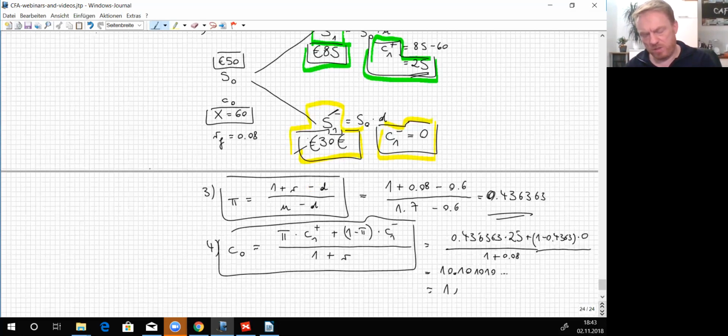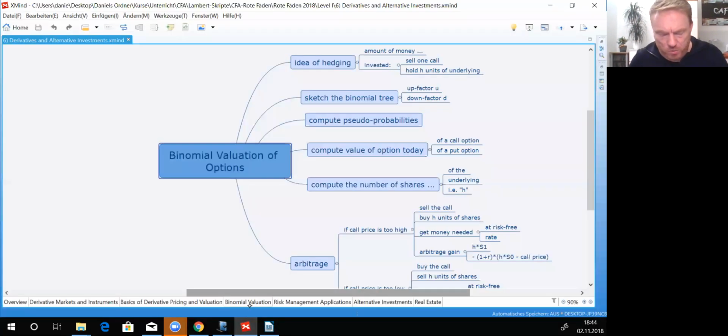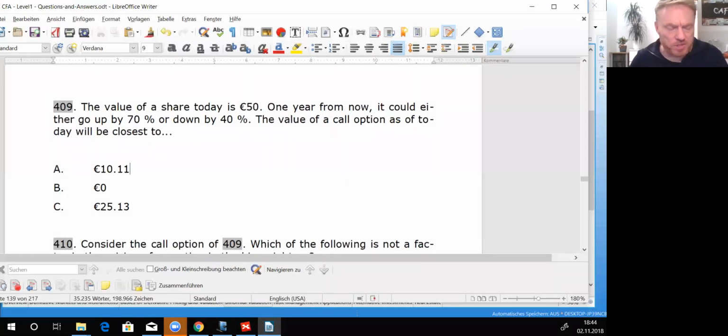So approximately 10 euros if we round it to 2 digits behind the comma. 10 euros and 11 cents is the correct answer, which means if we go back to the question, answer A was correct. Answer A was correct, and that is that. That is the answer.